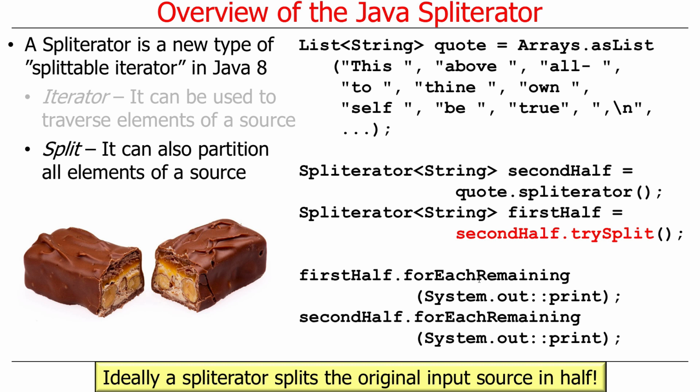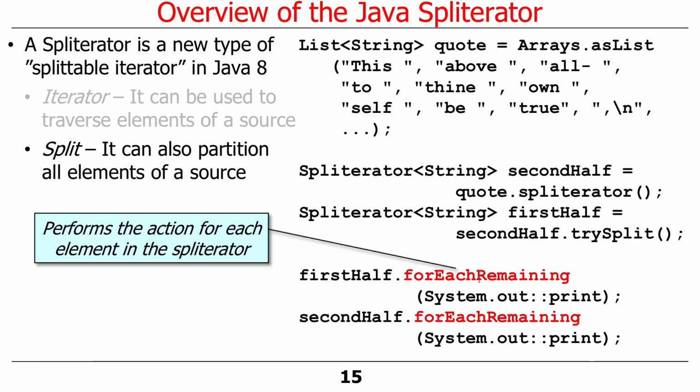And we'll talk more about that when we get into how the fork join pool is used in conjunction with streams. So the key point is we try to split things in half. And for something like an ArrayList, that's really easy because, as we'll see, it's constant time to do that type of split.